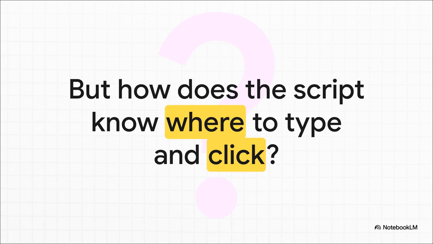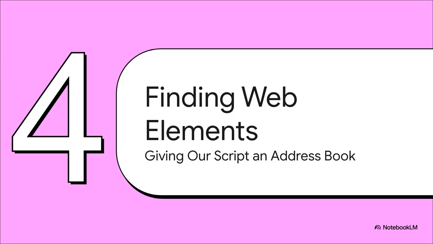This brings up a huge question, though. I mean, a human can just look at a web page and see the login button, but a script just sees a bunch of HTML code. So how do we give our script the exact address for each element on the web page? And the answer is with something called locators. You can think of locators as a unique address system for every single element on a web page. It's what allows our script to pinpoint exactly what it needs to interact with.